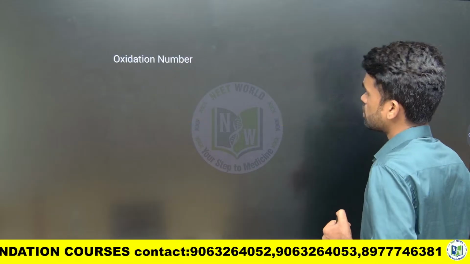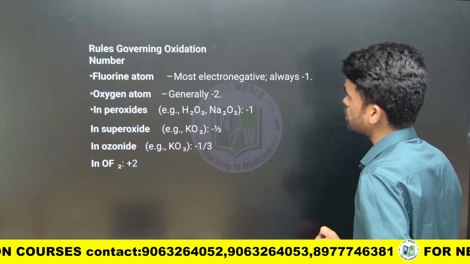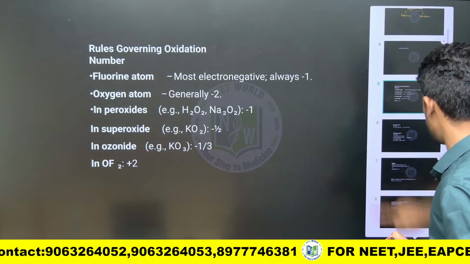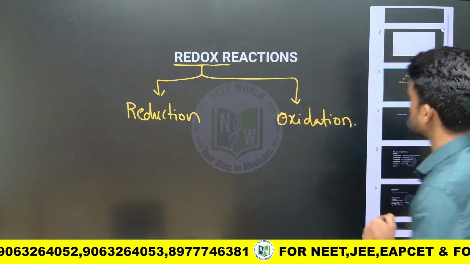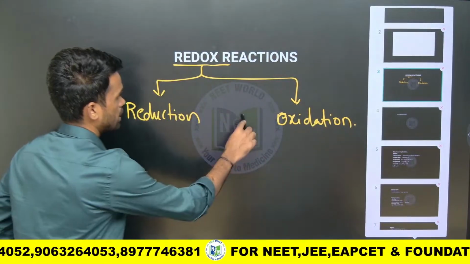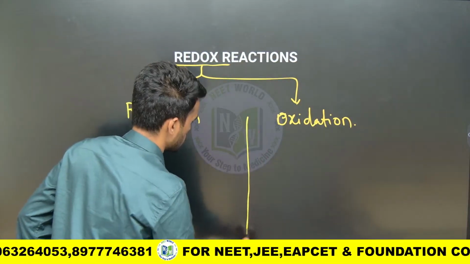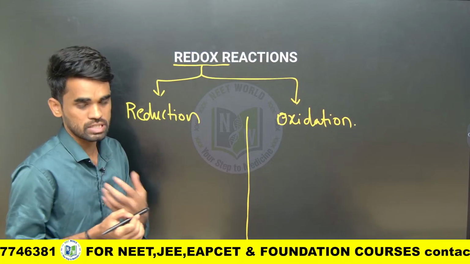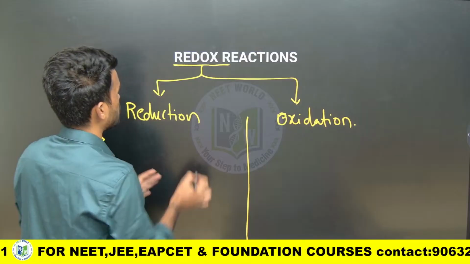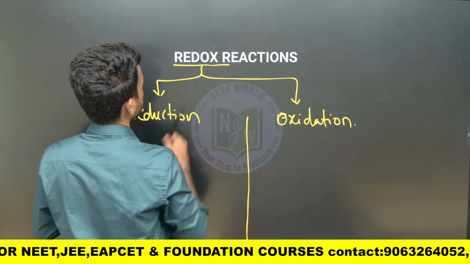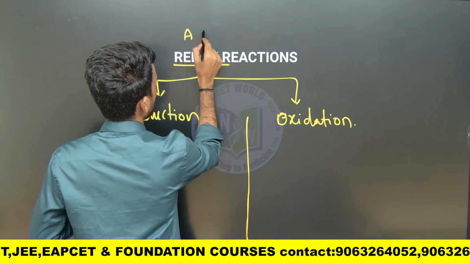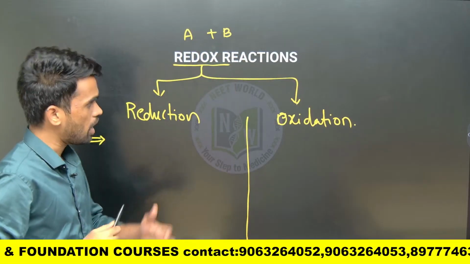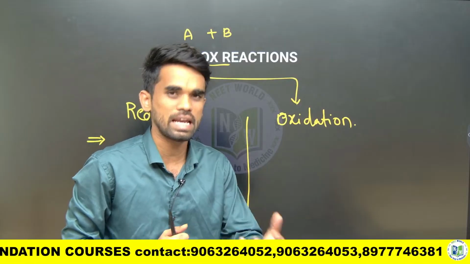Now let us discuss what exactly oxidation and reduction mean. For example, I have a reaction in which A and B are the two elements, and I can explain oxidation and reduction in terms of electronegativity.